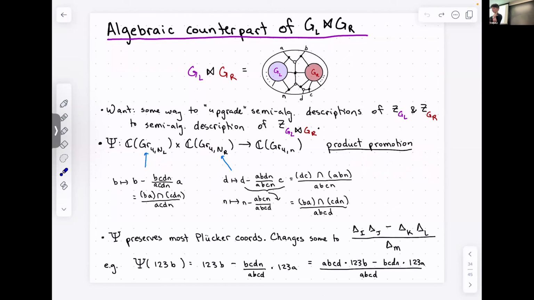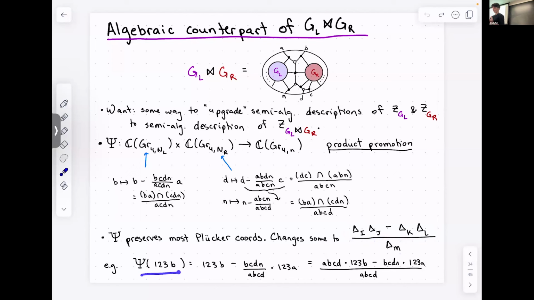Okay, so on the level of Plücker coordinates, which is maybe easier to think about, what does this map psi do? It preserves almost all Plücker coordinates. The Plücker coordinates that are far away from B, D, and N will just be preserved. But some Plücker coordinates will be changed to a quadratic difference in Plückers divided by a Plücker.